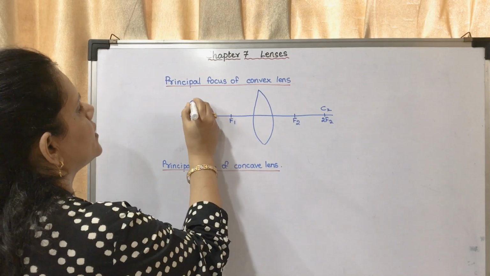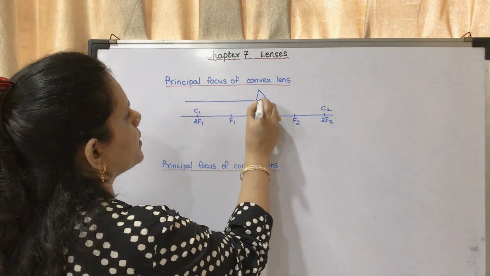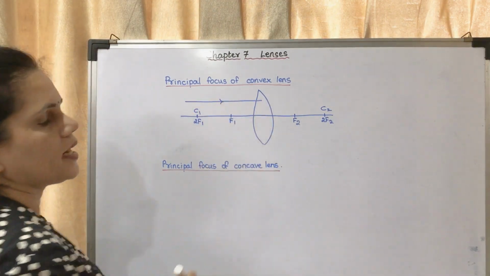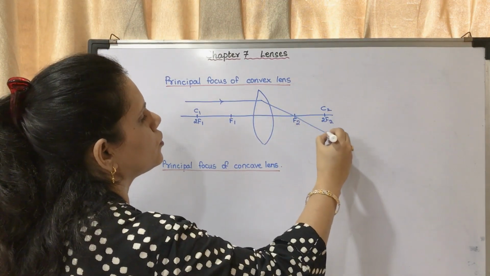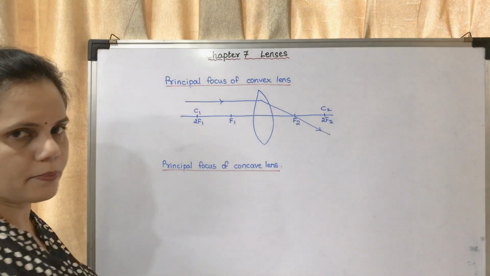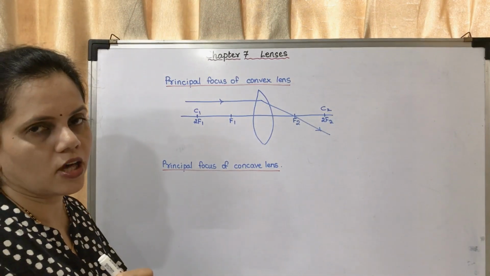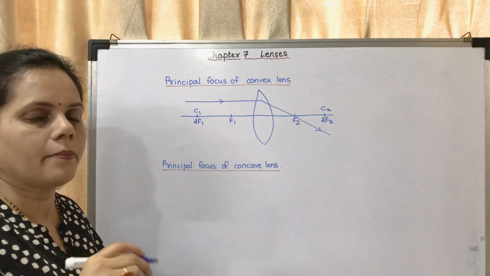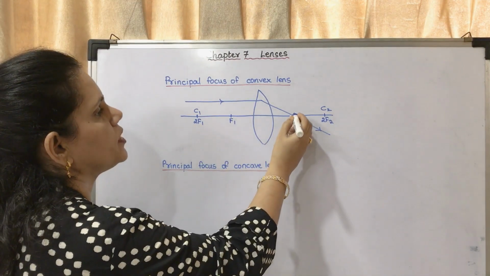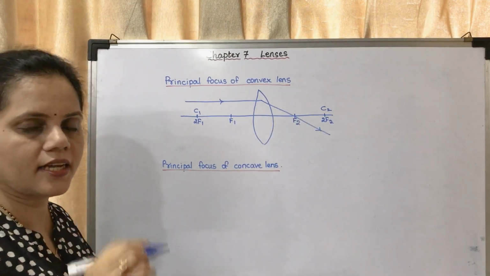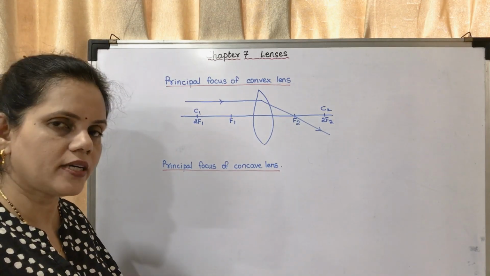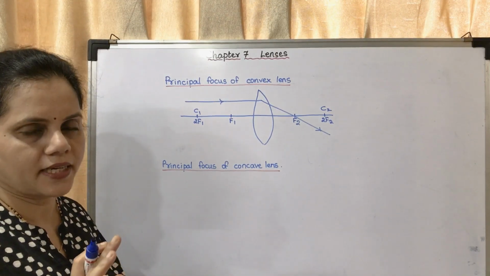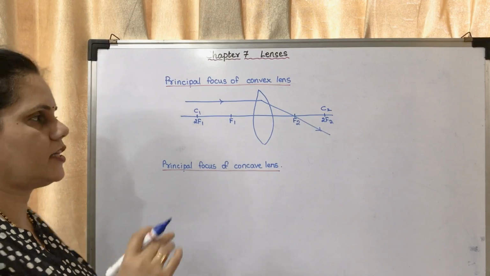Now the rays which are parallel to the principal axis, this is the first ray parallel to the principal axis. It will pass through the focus. They appear to meet at a point. That point is called the principal focus. But while drawing the diagrams, you may draw the focus first and then make the line pass through it. Otherwise you can do it roughly also, doesn't matter. The diagram should be correct, that's all.